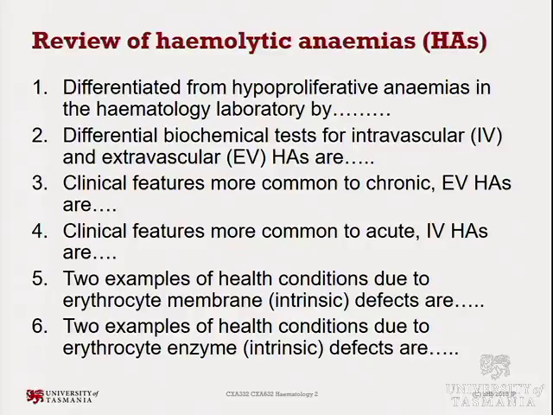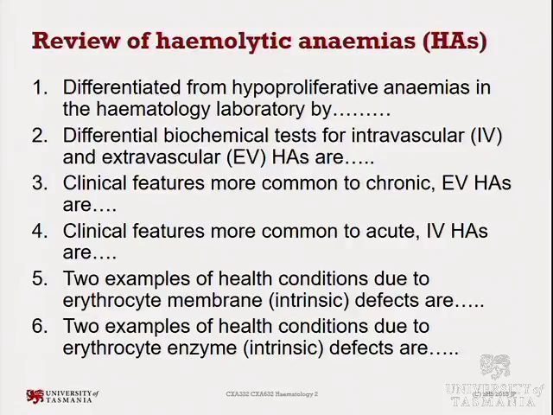So, question 1, hemolytic anemias are differentiated from hypoproliferative anemias in the laboratory by what test? The retic count. Okay, so remember, hypoproliferative anemias, that means when the bone marrow has failed for some reason, and so we get reduced erythropoiesis, whereas with hemolytic anemias, that is a survival defect.